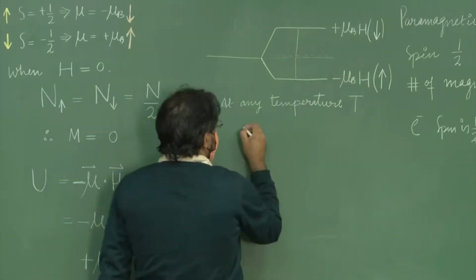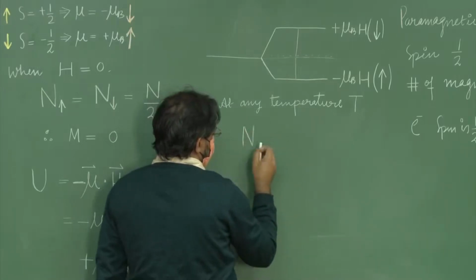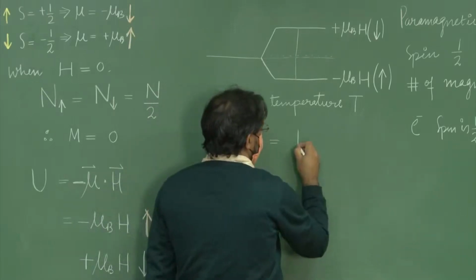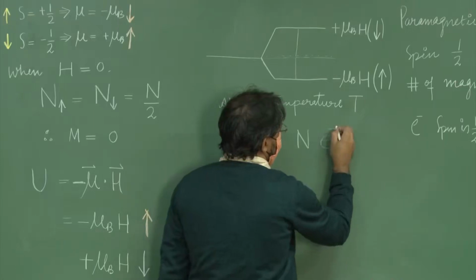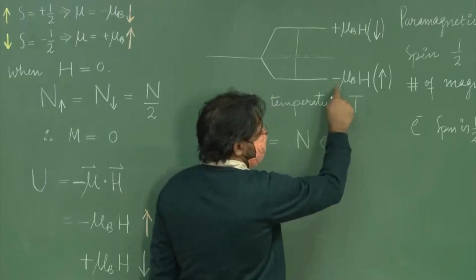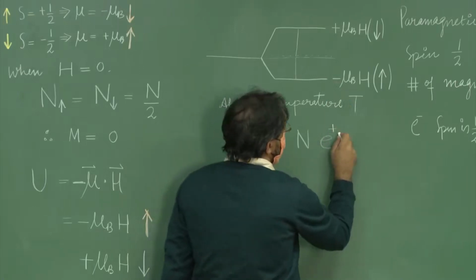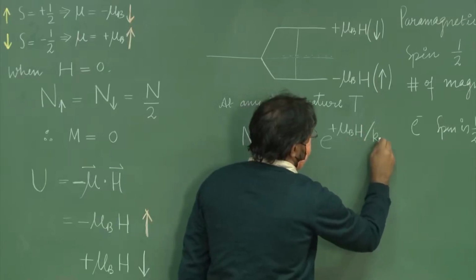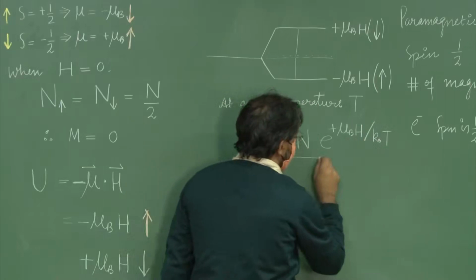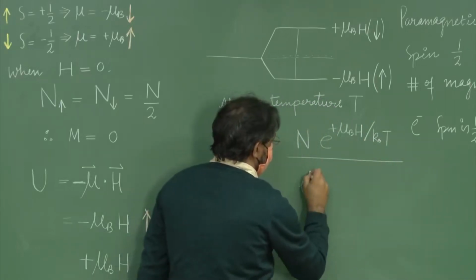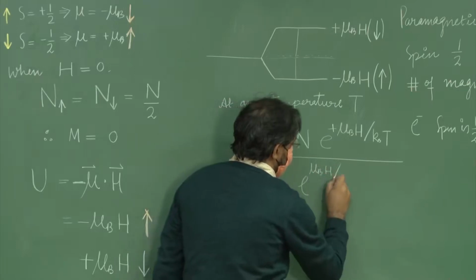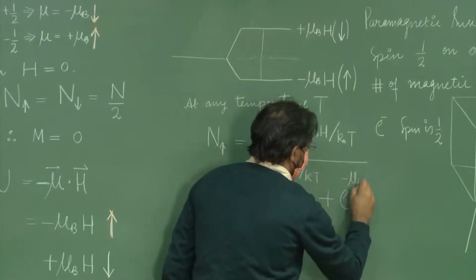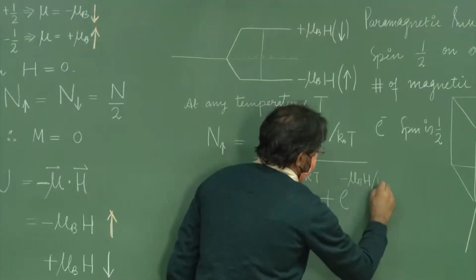So if I have to write what is n up, that would be how much? N exponential minus, and minus will become plus, right, plus mu b h by kT, divided by exponential mu b h by kT plus exponential minus mu b h by kT.